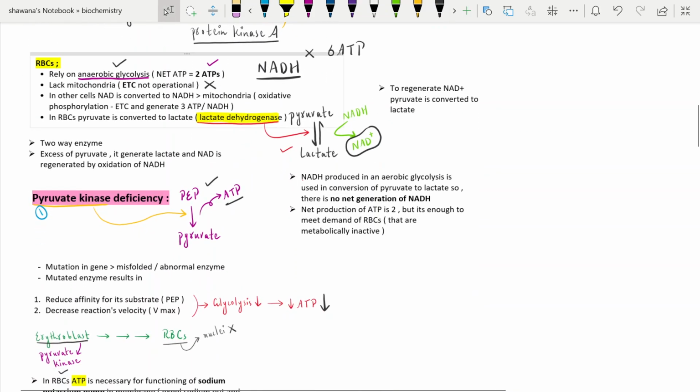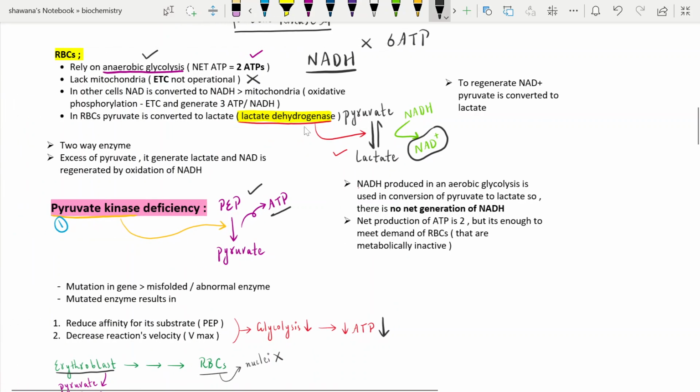Nature has set up a very important mechanism: in anaerobic cells, pyruvate is converted to lactate by the lactate dehydrogenase enzyme, and in doing so, NADH is converted to NAD positive, and here we go.